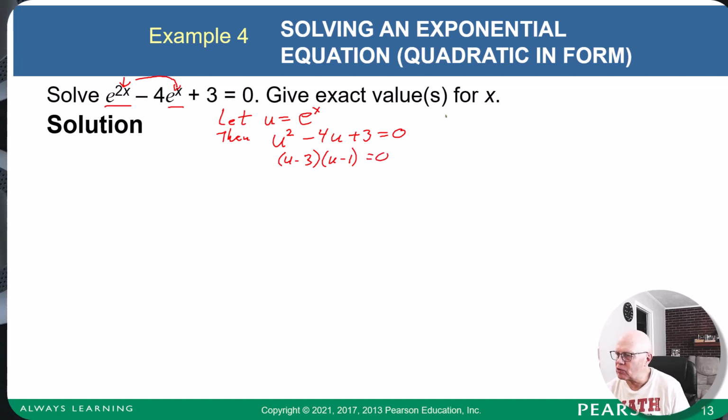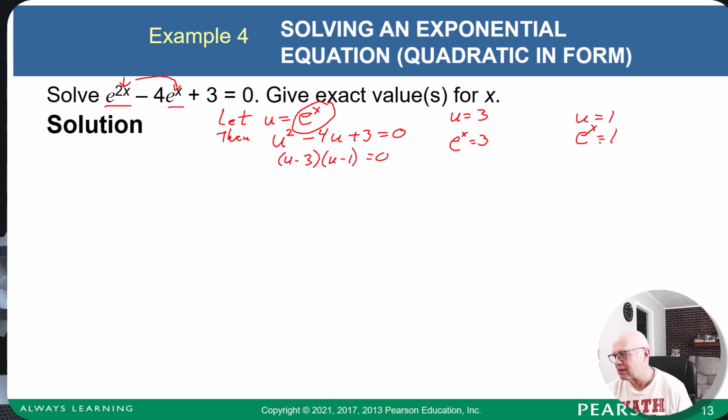That gives you two solutions. Two in-between solutions. U equals 3, u equals 1. But u is e to the x. So what we really have is e to the x equals 3 and e to the x equals 1.